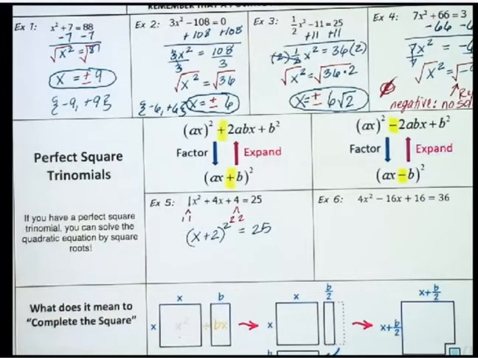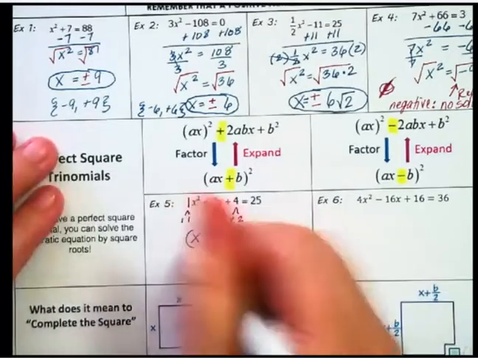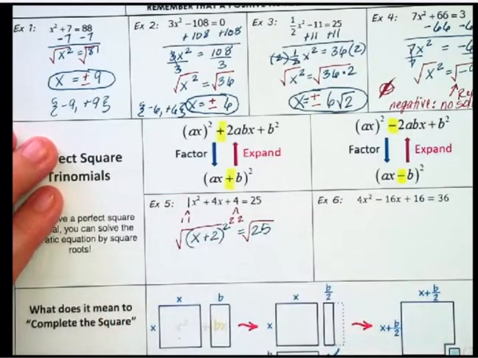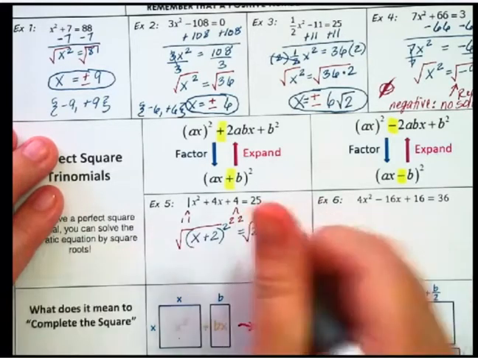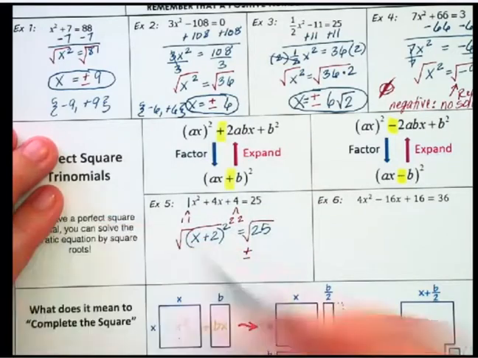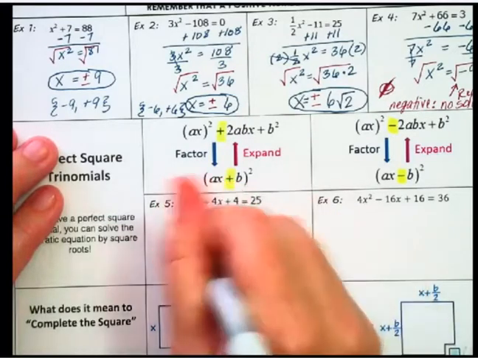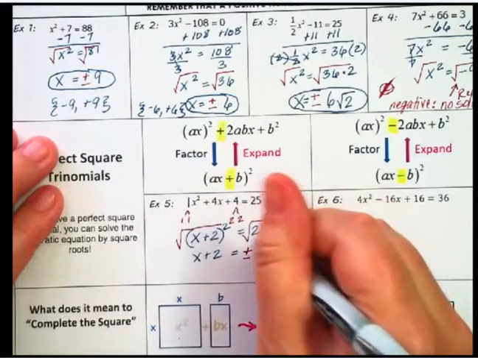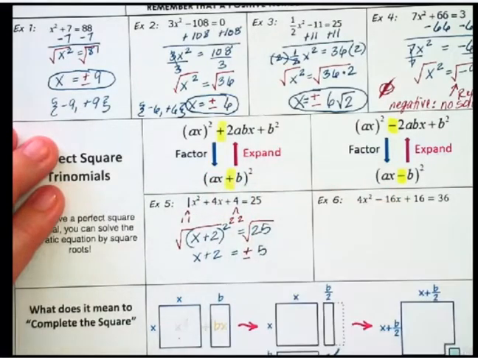All right? And now we can simply take the square root of both sides. So I've been doing this in red. Let me keep it up. So take the square root of both sides. Now I have a plus or minus still, just like before. And then I have an x plus 2 on this side. And then the square root of 25 is 5.